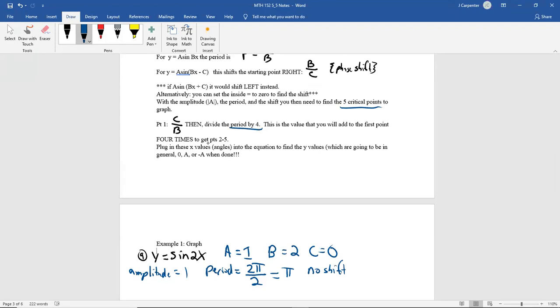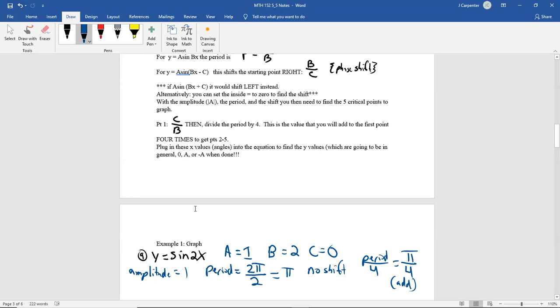So we don't just need the period, we also need to take the period and divide it by 4. The period was pi, not 2 pi, so pi divided by 4 is what you add to get points 2, 3, 4, and 5.